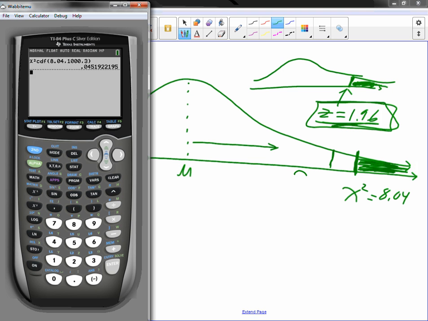So there's some other chi-squared value that would be perfect for right here. Let's say maybe it was 7. But since our chi-squared value passed the 7 and went out to the 8.04, we got a smaller percentage here, and from 7 back, the percentage would be 0.05.